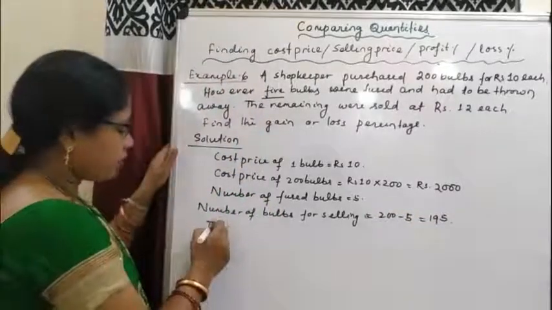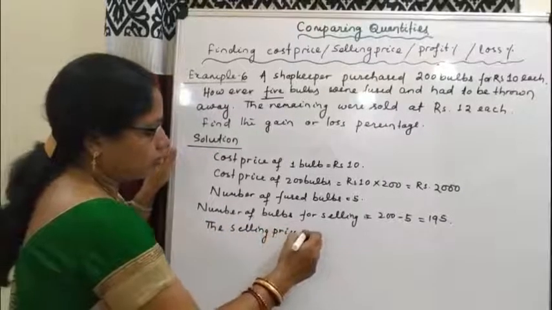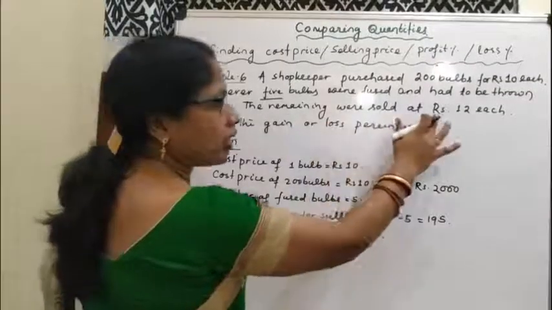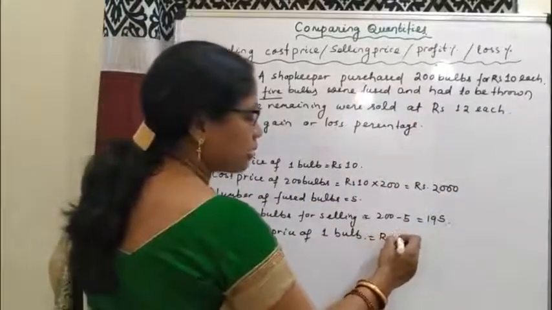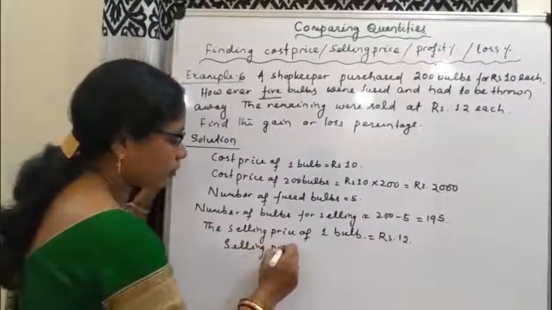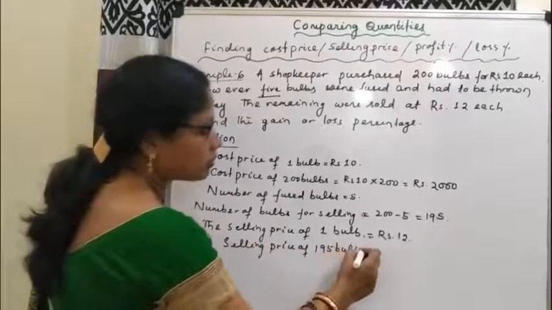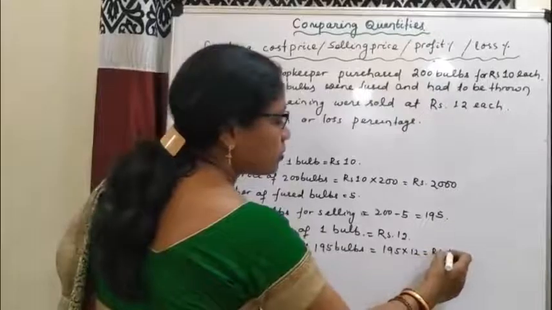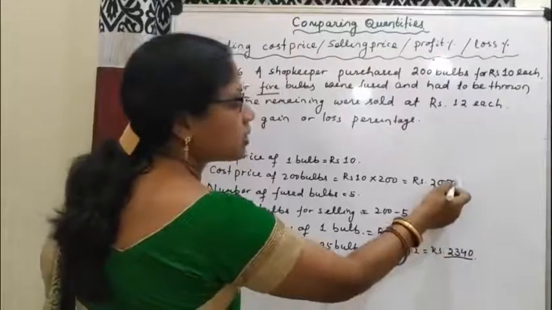So for the selling price of one bulb, it is given that the remaining were sold at rupees 12 each. So the selling price of one bulb is rupees 12. So what is the selling price of 195 bulbs? So this is 195 multiplied with 12. So this is rupees 2340. So this is our selling price and this is our cost price.